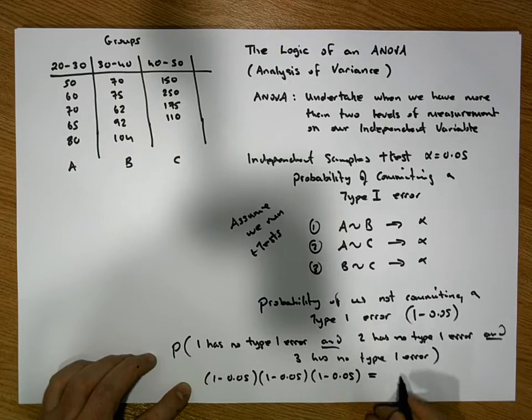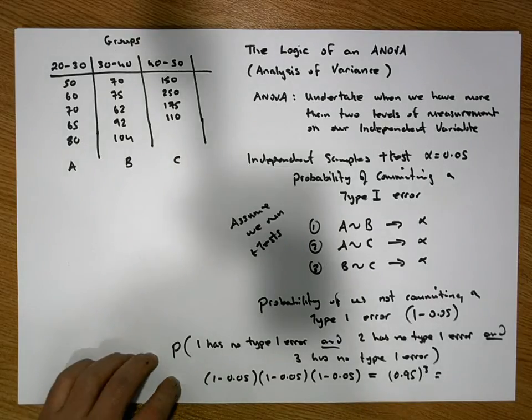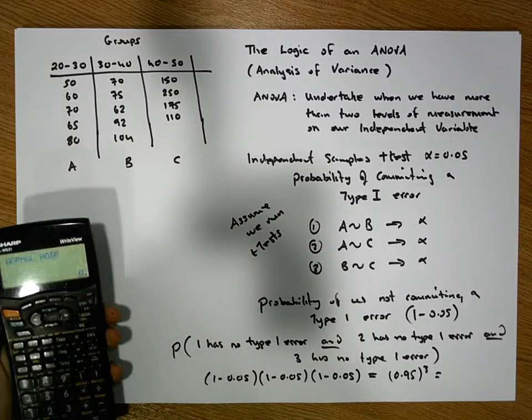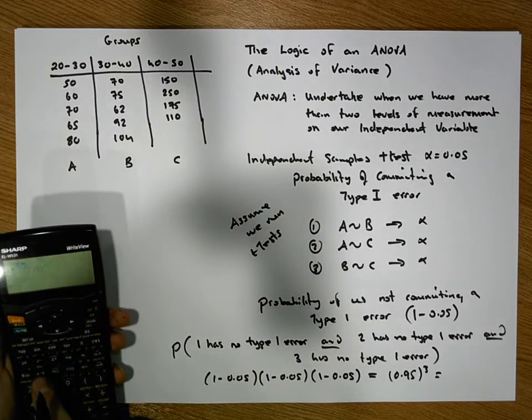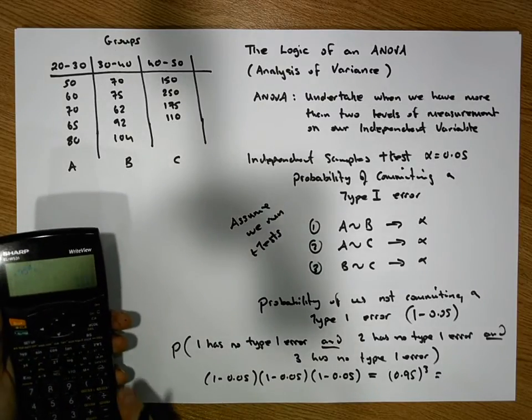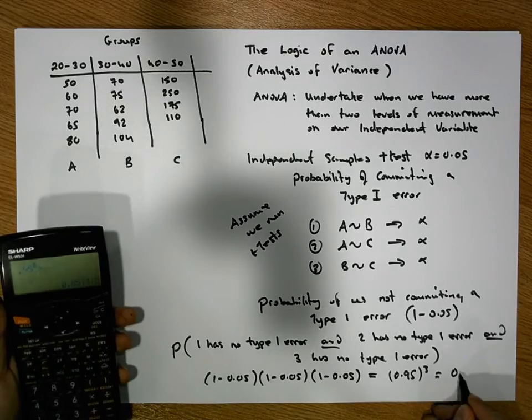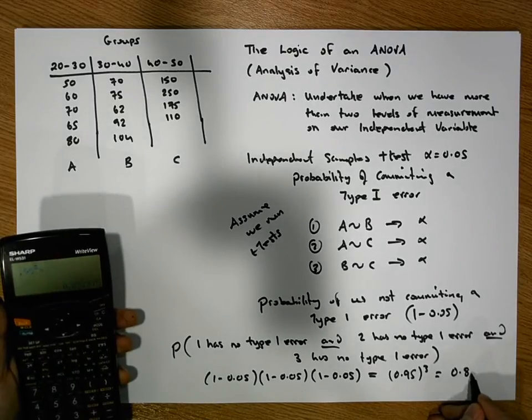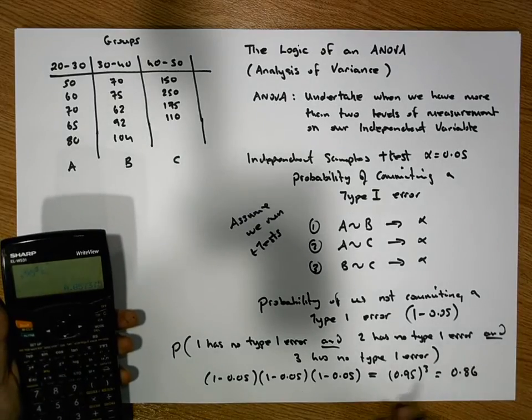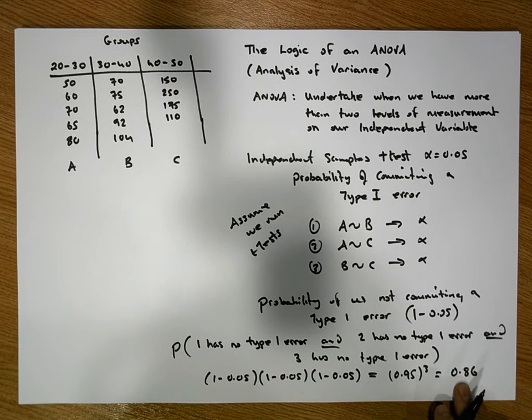Or it's equal to 0.95 raised to the power of 3, which, when we round to 2 decimal places, gives us a probability of 0.86.